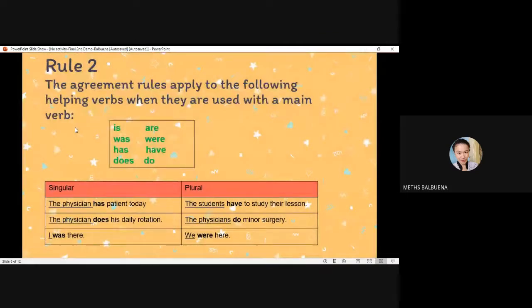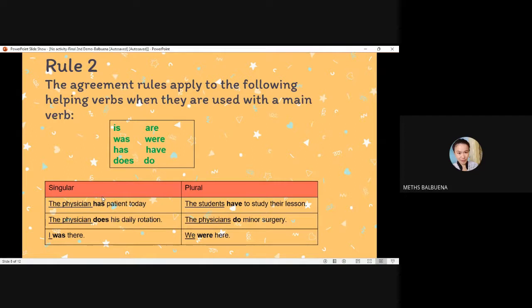Okay, here's rule number two. The agreement rules apply to the following helping verbs when they are used with a main verb. So here are the verbs: is, was, has, does, are, were, have, and do.